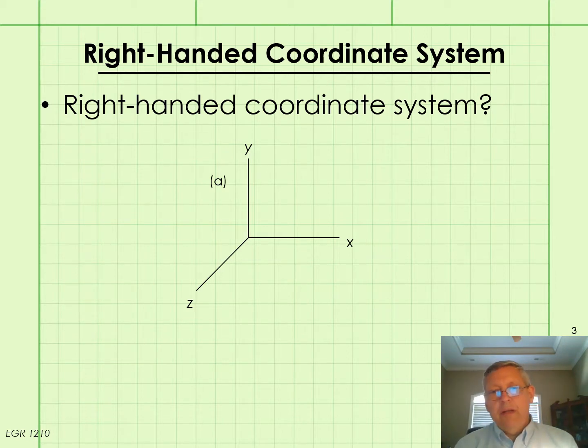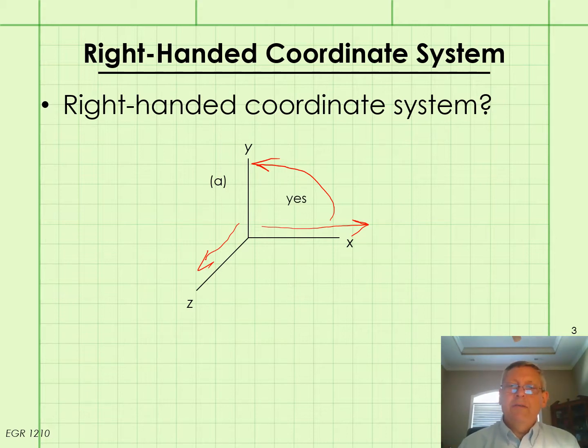The first one here, using my right hand, extend my fingers down the positive x-axis such that I can curl them into the y-axis, my thumb will point down the z-axis.